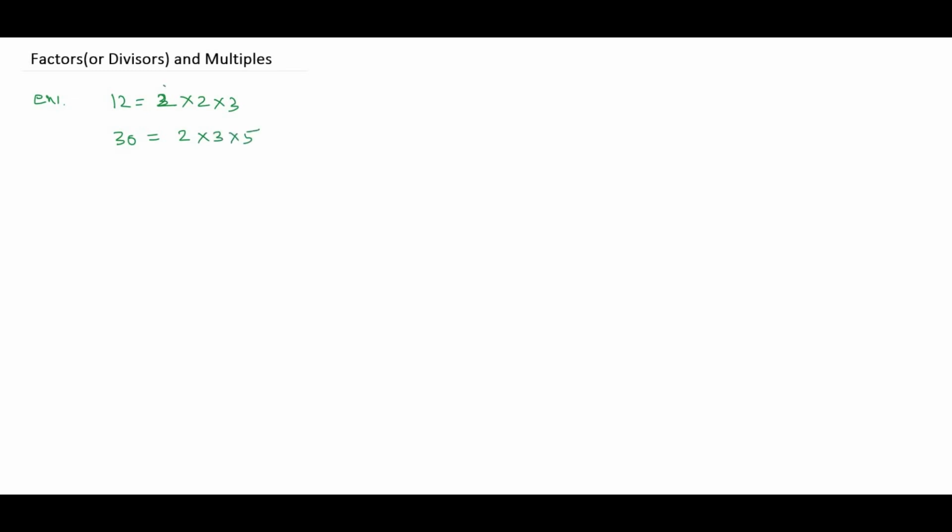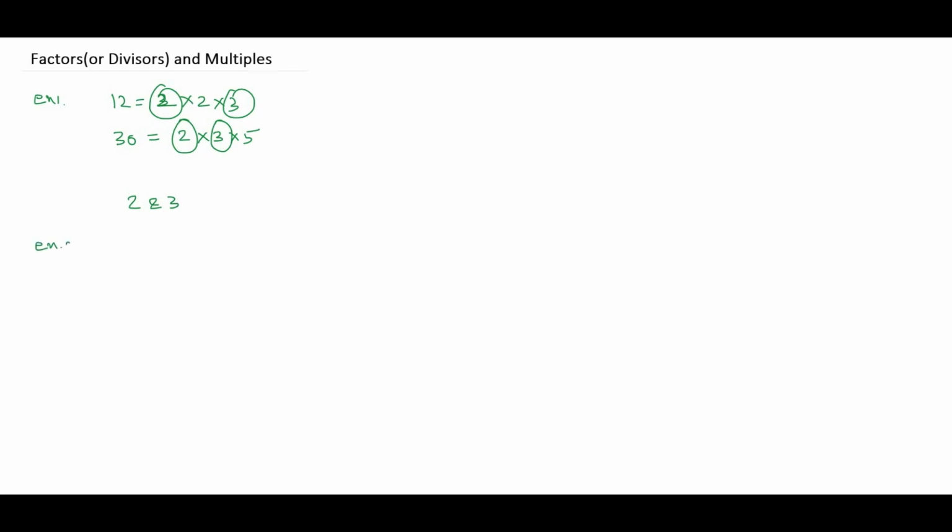So 2 is a common term in both. Similarly, 3 is a common term in both. So the common factors of 12 and 30 are 2 and 3, right? So 2 and 3 are common factors of both 12 and 30.